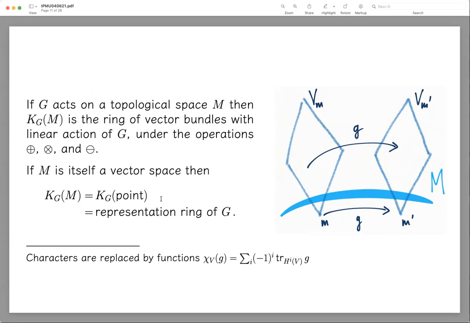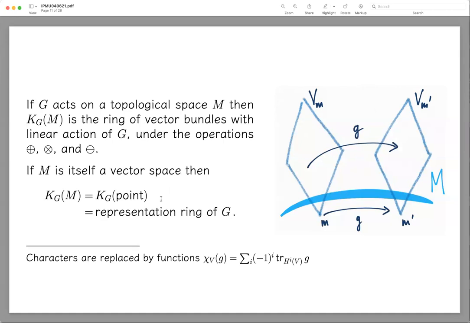And so this is a very useful ring, and the analog of the character here is this: to define a trace, you have to have a vector space.